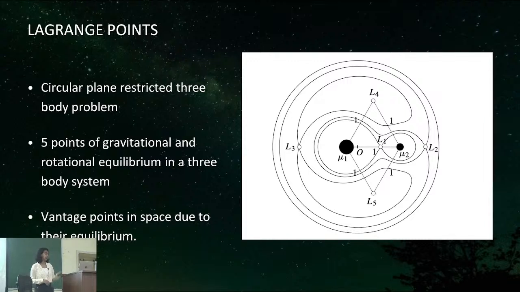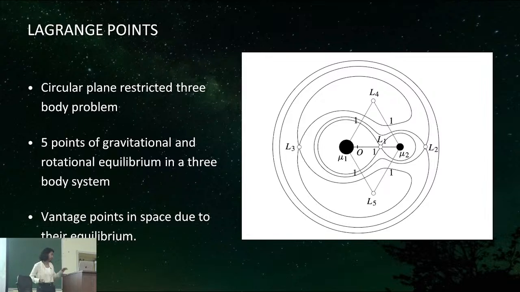And it's a restricted three body problem in that we don't actually consider three masses whose gravitational forces are acting on each other. We consider two masses whose gravitational forces are acting, and the third object, which is influenced by these two, is not related.